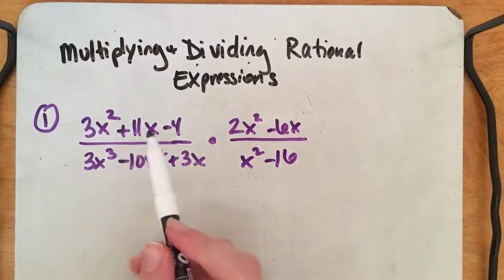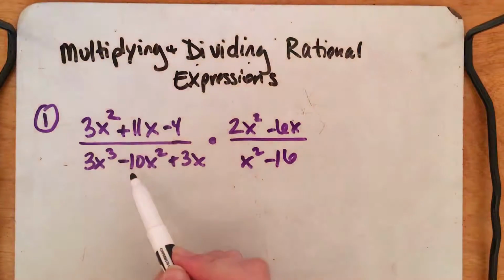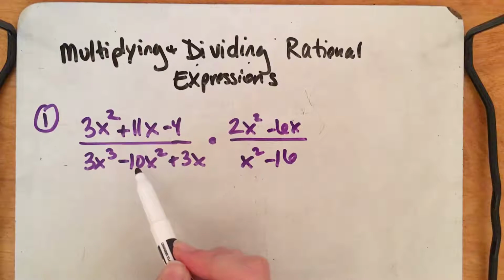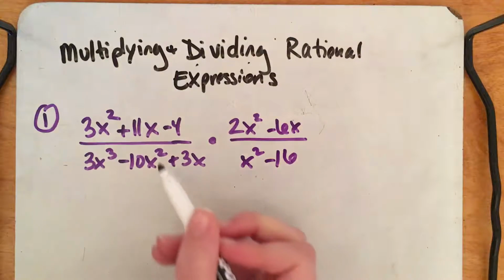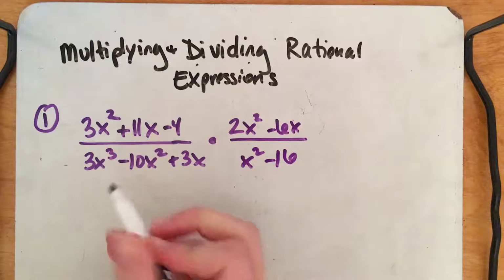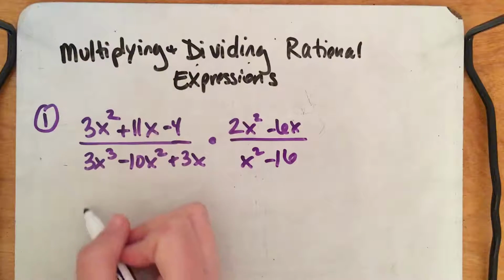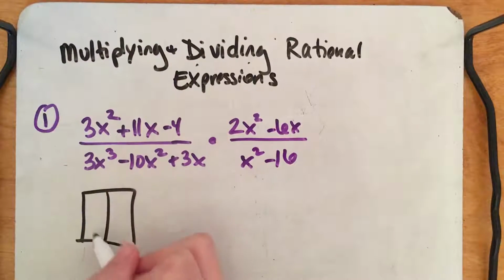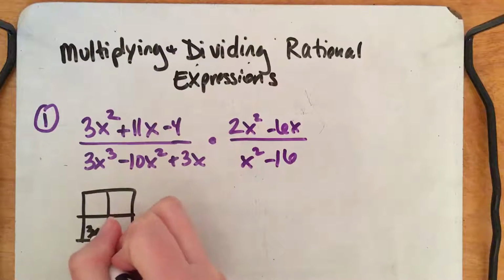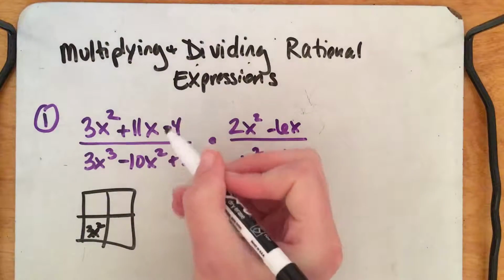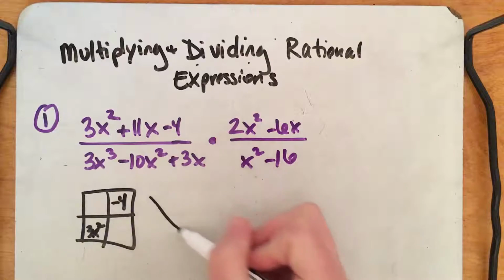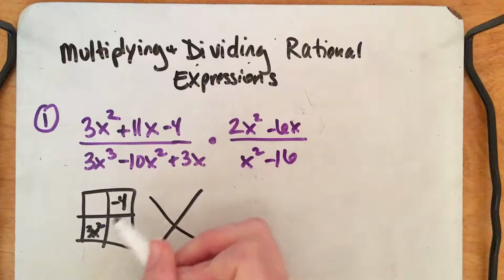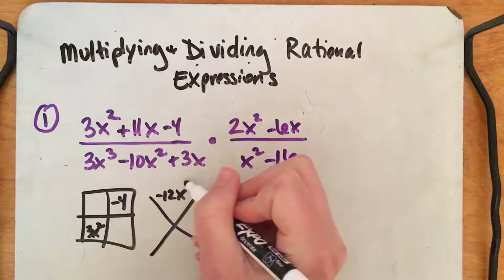I'm going to use the generic rectangle to factor the top and bottom of these fractions, or maybe just the first one, we'll see. So for the first one, I make a rectangle here, 3x squared in my bottom corner, this minus 4 in the top right. I multiply that together, I get negative 12x squared.